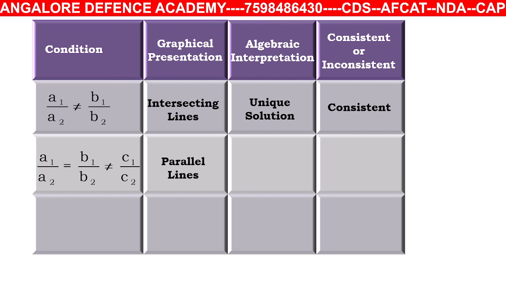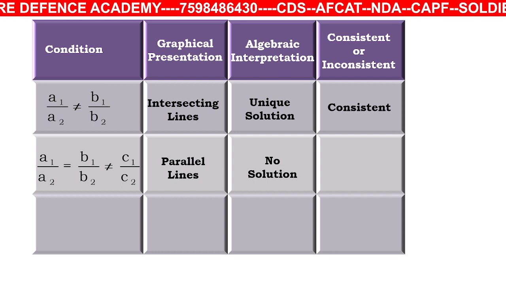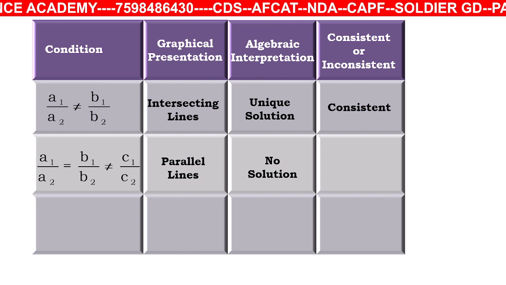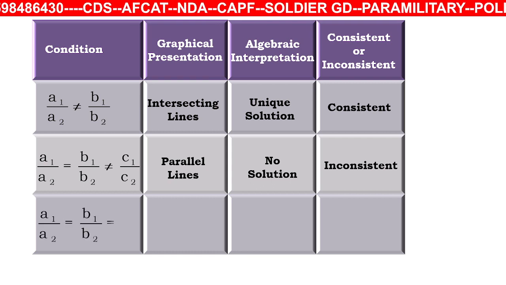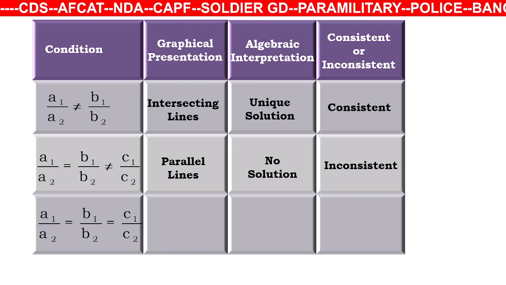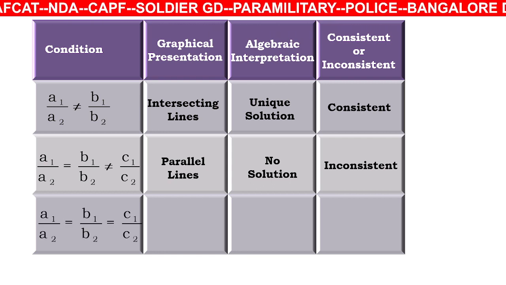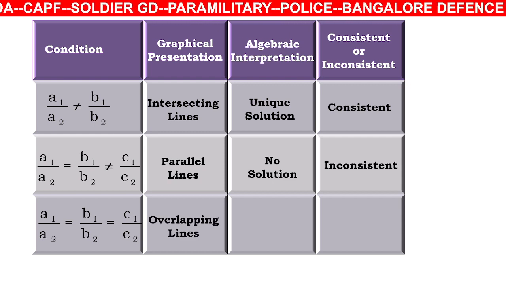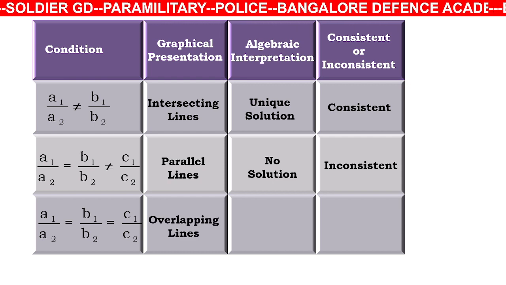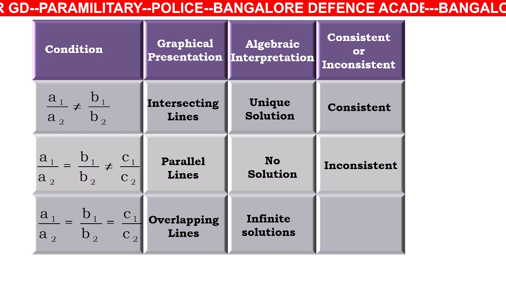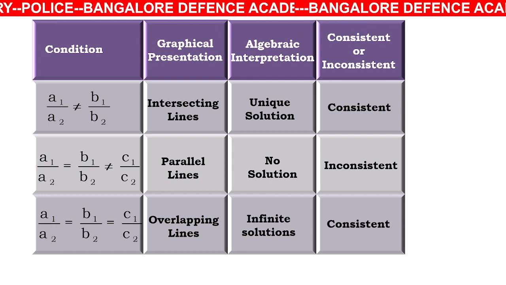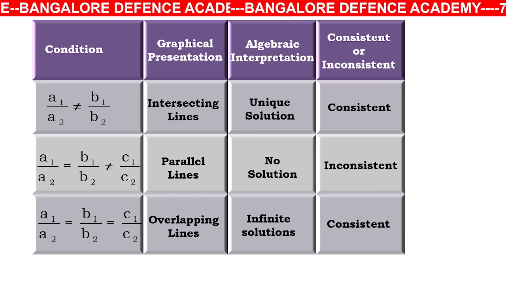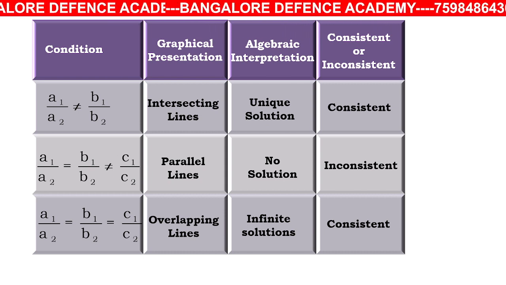Graphical representation: parallel lines. Algebraic interpretation: no solution, and this is an inconsistent kind of question. Next, a1 by a2 is equal to b1 by b2 is equal to c1 by c2. Graphical representation: overlapping lines, you get two lines overlapping with each other. Algebraic interpretation: infinite solutions, and it is a consistent kind of question.